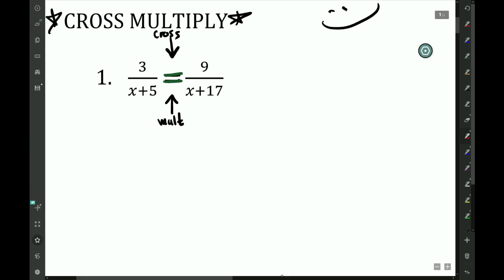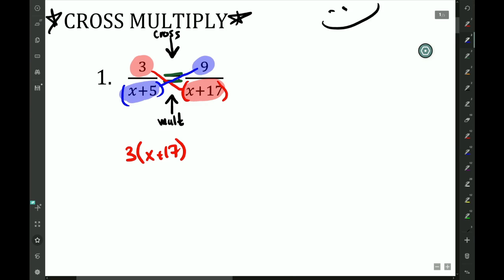So you're going to take the top left and multiply it by the bottom right. So that's going to be 3 times the quantity, x plus 17. It's times the quantity. And very similarly, 9 times x plus 5 is just going to go equals 9 times the quantity, x plus 5.